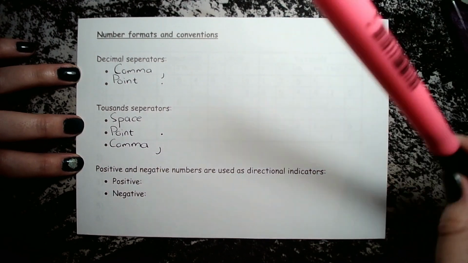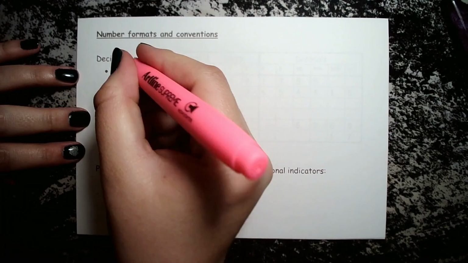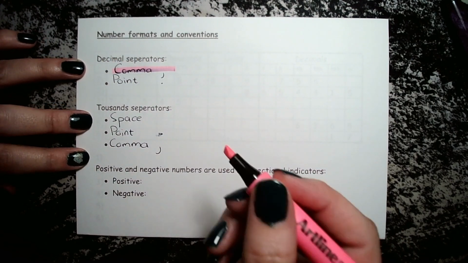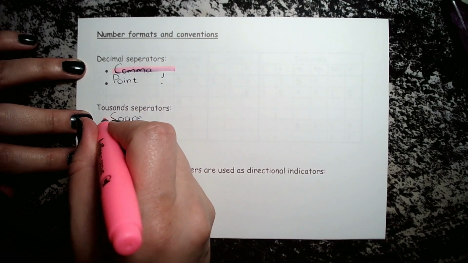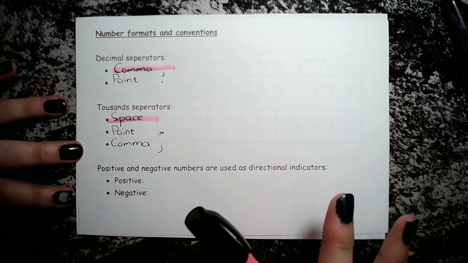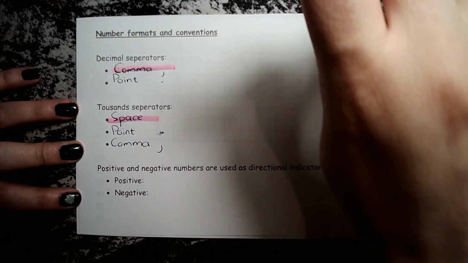In South Africa, we use a comma as a decimal separator, and we use a space as a thousand separator. So this is what we will be using in all of our mathematical calculations from here on further.